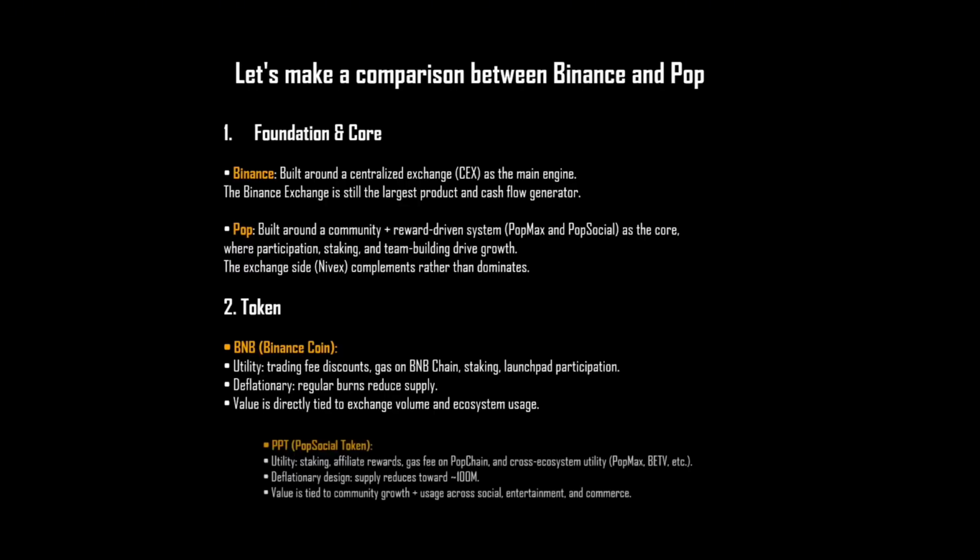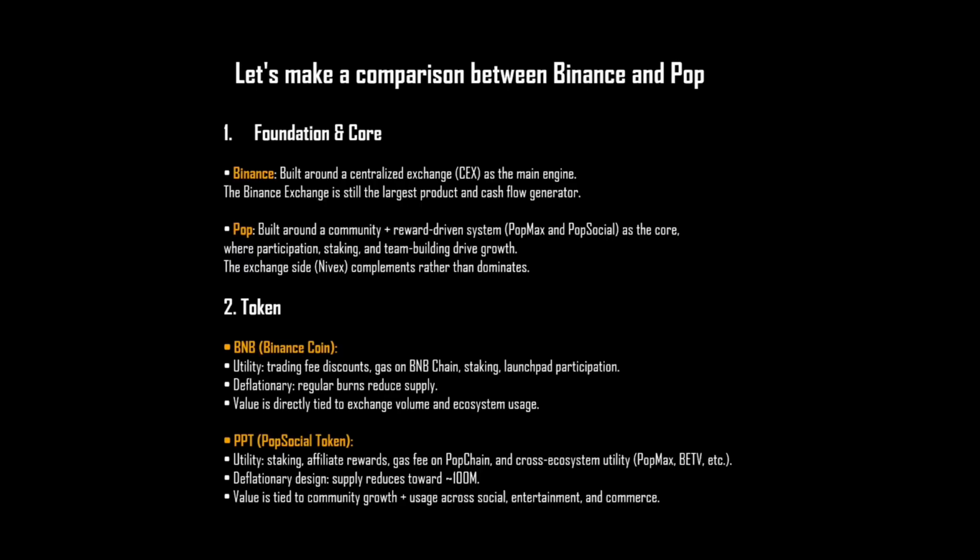If you're looking at POP, utility is staking, affiliate rewards, gas fees from PopChain, and cross-ecosystem utilities such as PopMax, BET, etc. We have a deflationary design as well. Supply will reduce toward 100 million tokens from 200 million. The value is tied to community growth and usage across social, entertainment, and commerce.